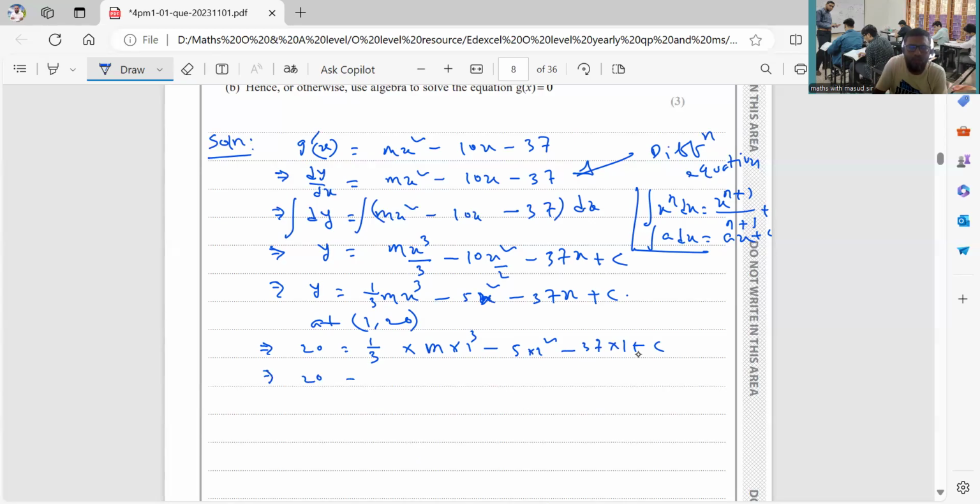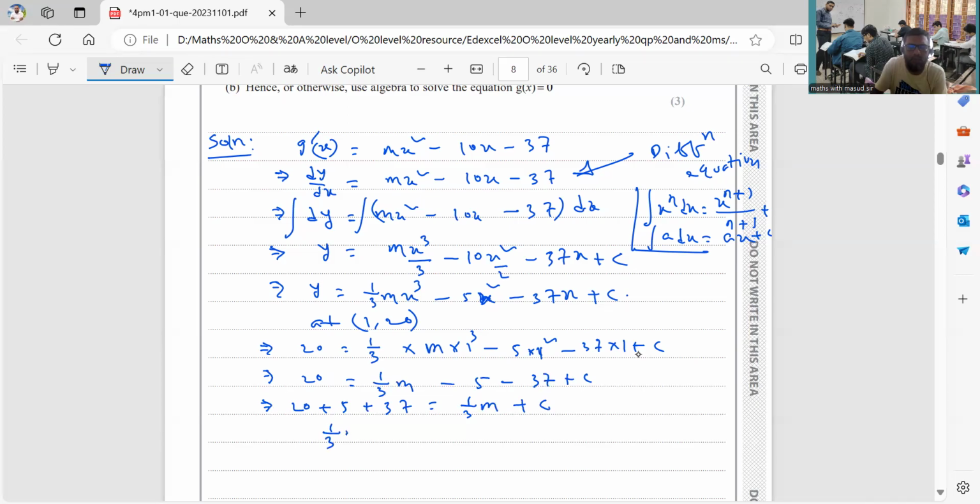So it will be 20. So 1 cube means 1, so it will be 1 by 3m and minus 5 and minus 37 and plus c. Okay, so if you calculate, this 20 minus 5 becomes plus 5, minus 37 will be plus 37 on the left side, and the right side will be 1 by 3m plus c.